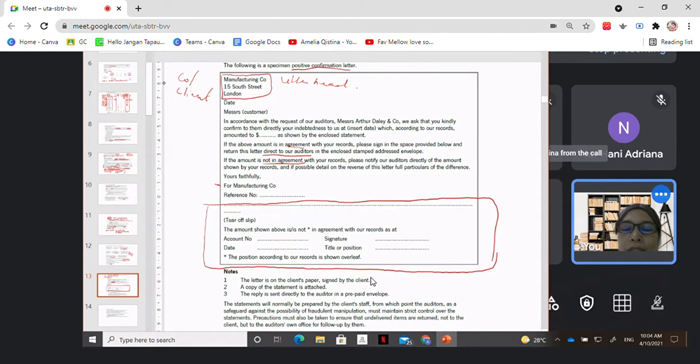Look at the notes. The letter is on the client's paper, signed by the client. A copy of the statement is attached and the reply is sent directly to the auditor in a prepaid envelope.